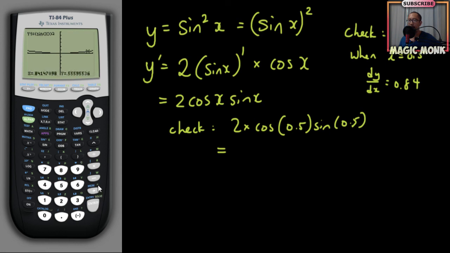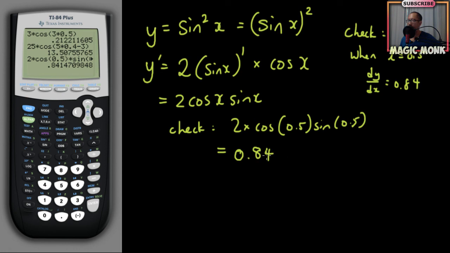Oops, sorry, I typed it in the wrong place. 2 times cosine 0.5 times sine 0.5. And that is 0.84.